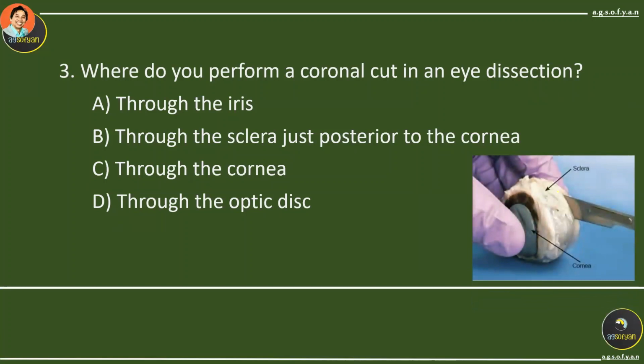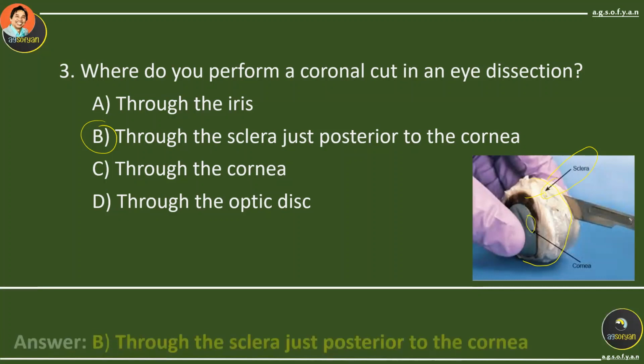The dissection has to be performed through this tissue called the sclera, a round dissection, just behind this cornea. So the area through the sclera just posterior to the cornea. We cut it round until it's divided into 2 sections, the front section of the eye and the back section of the eye.